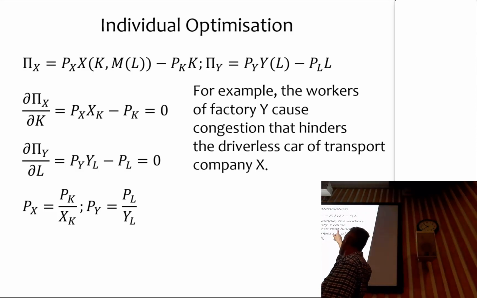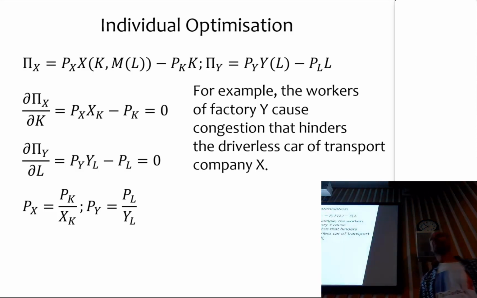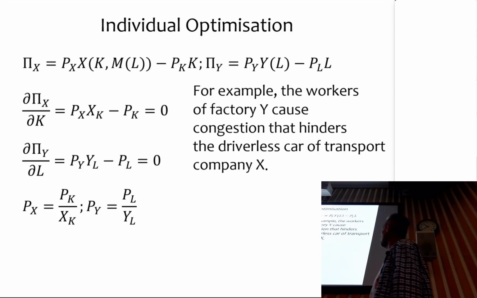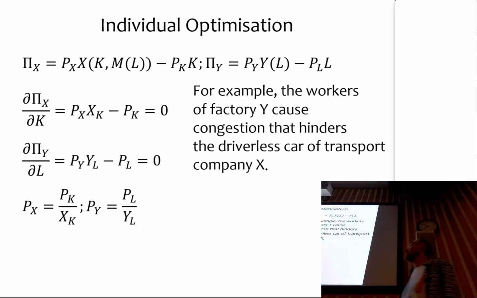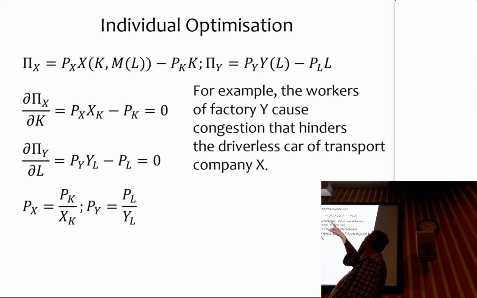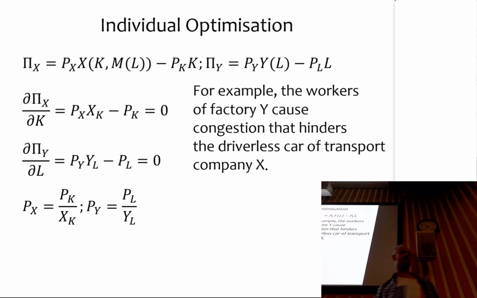So that's the price of selling it, P_Y, times how much you make, Y. And for simplicity, I'm going to assume that you only need labor to make Y. So the cost is the cost of labor, that's P_L, times the amount of labor that you need, right? So that is the profit of making Y.